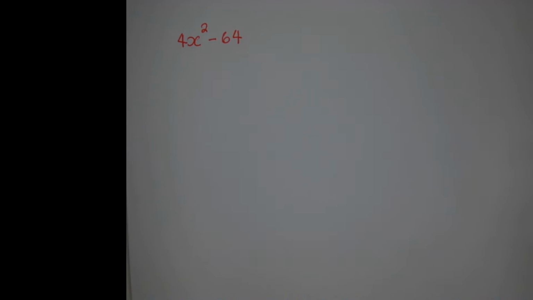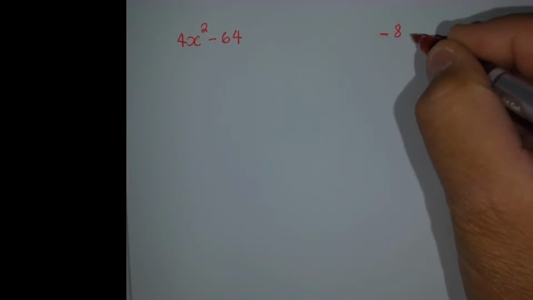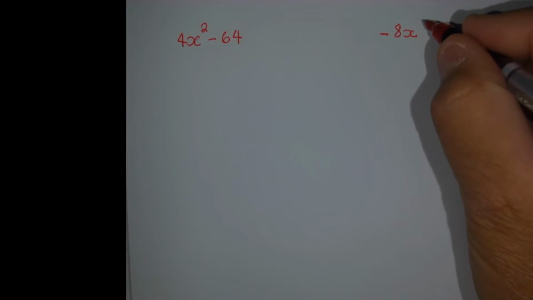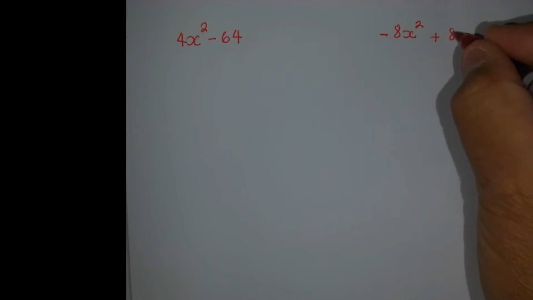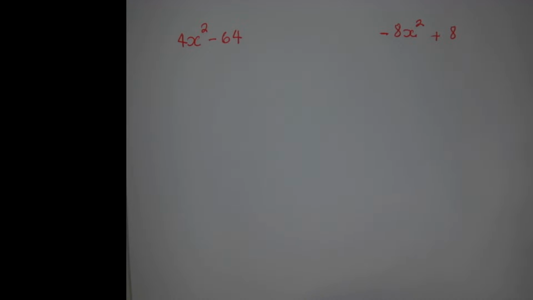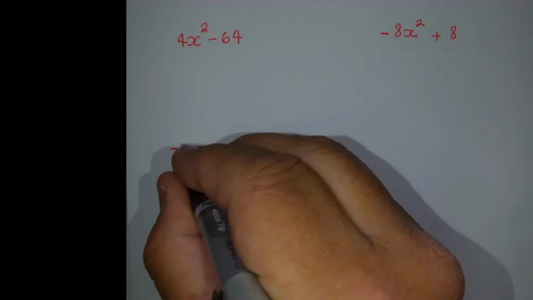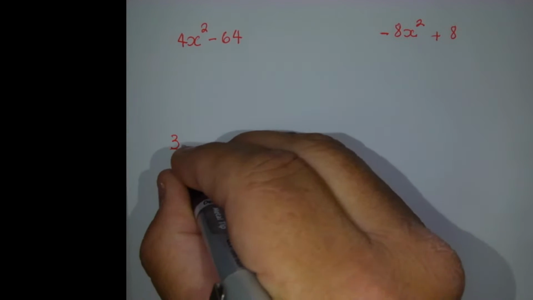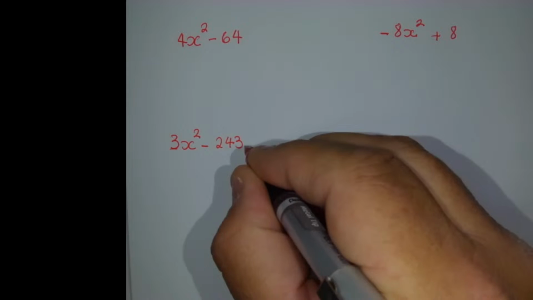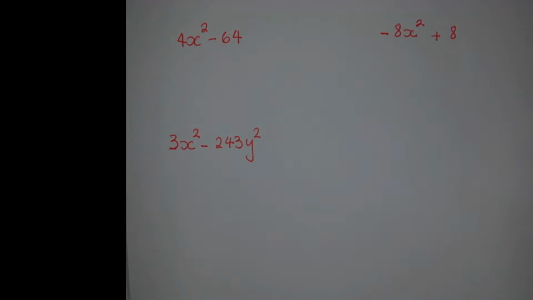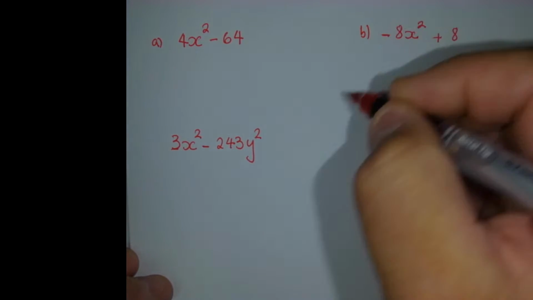Okay, and then I'm going to factorize minus 8x squared plus 8, and then I'm going to factorize 3x squared minus 243y squared. Okay, so I'm just focusing more now on the difference of two squares. So A, B, C.